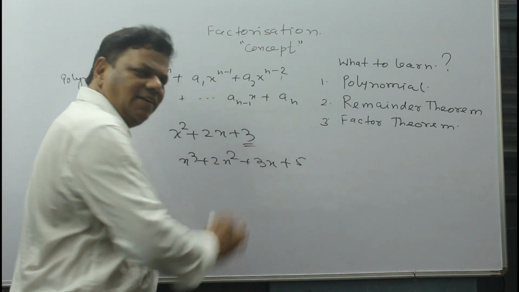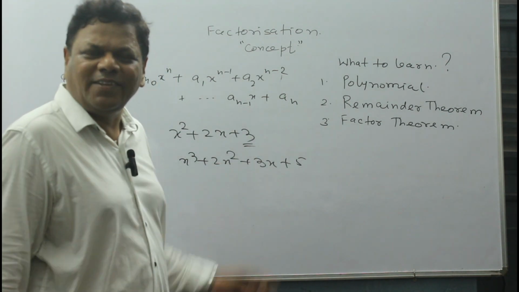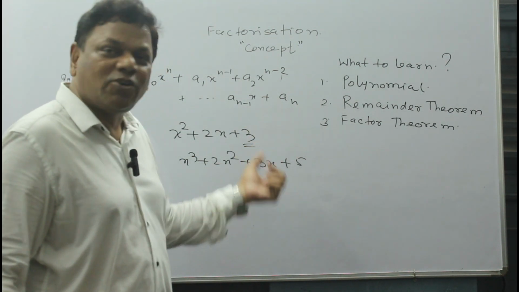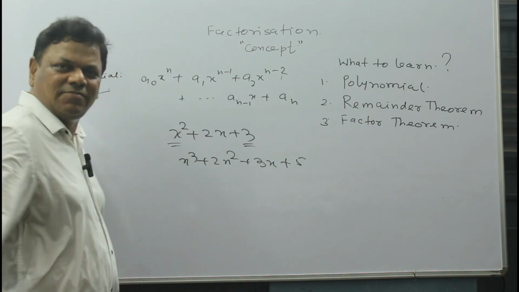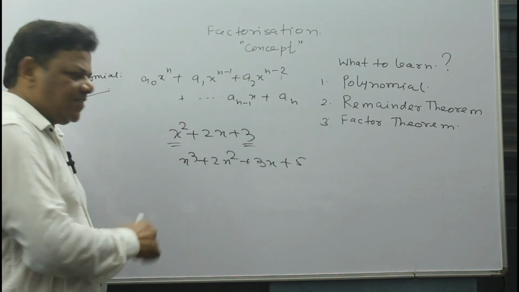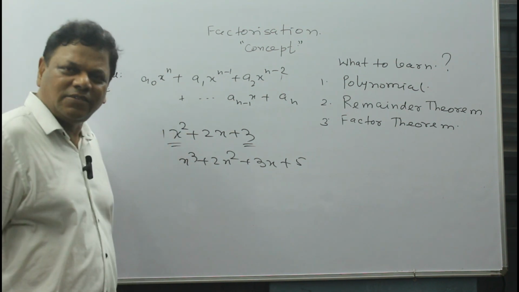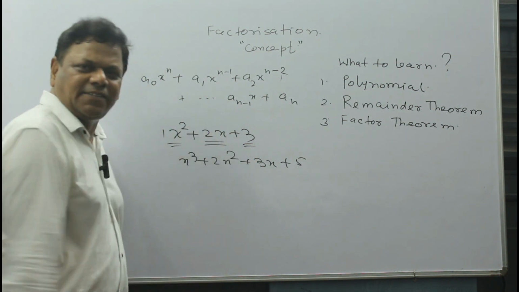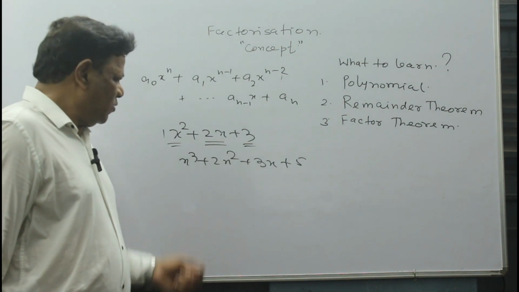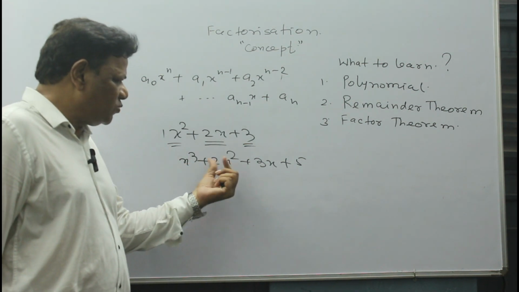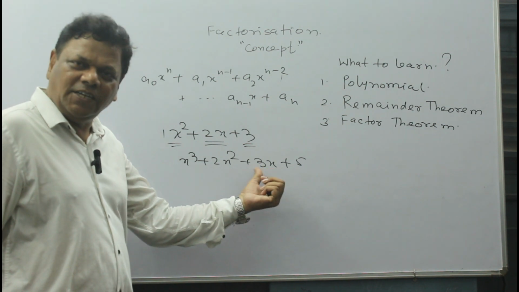In 3, x is not given, so it is a constant term. What is this? Constant, because x is not given. Here x square is given. What is its coefficient? Nothing is given, that means 1. Coefficient of x is 2. What is the coefficient of x square? 2. Coefficient of x, 3.